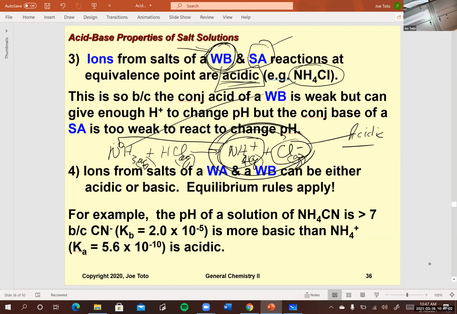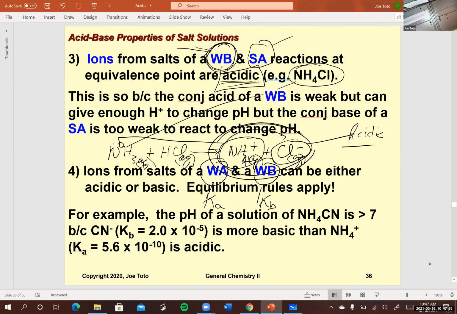But we can say that in general, if we look at the reacting weak acid and its Ka, and compare that to the reacting weak base's Kb, we can predict the resulting pH. Whichever one has the higher value is stronger and will affect the solution more, and that will win the day and dictate what the pH is.